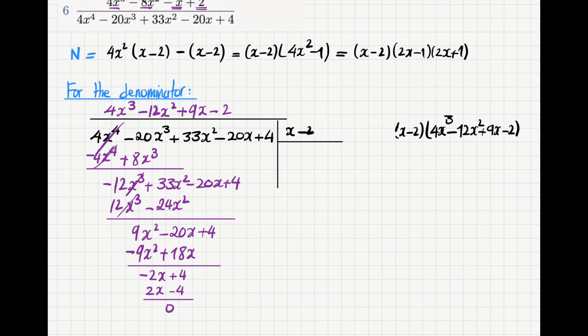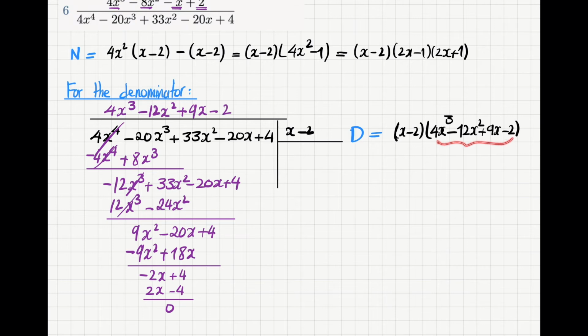So this, my denominator, is equal to this. And for the time being, as you see, there is a factor x minus 2 and x minus 2 that can be cancelled, but there is no guarantee that this cannot be simplified anymore.